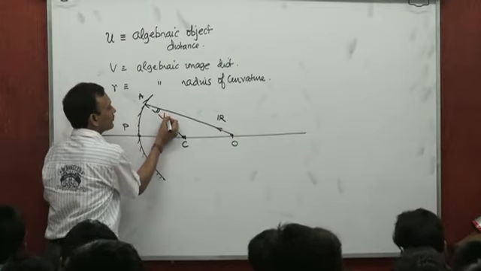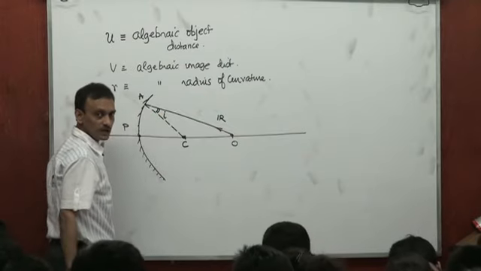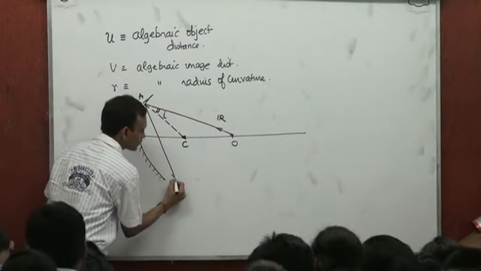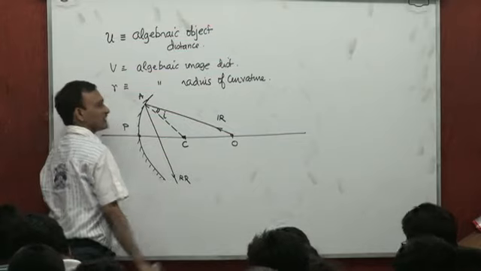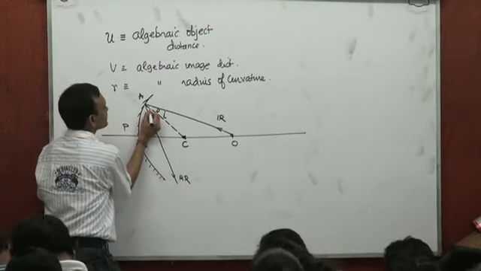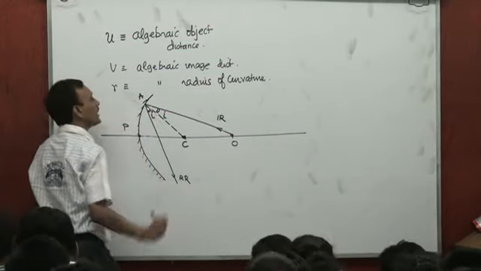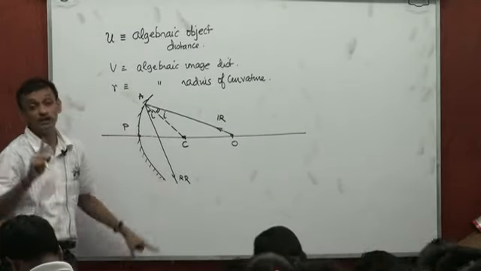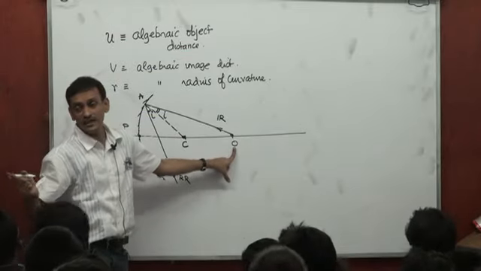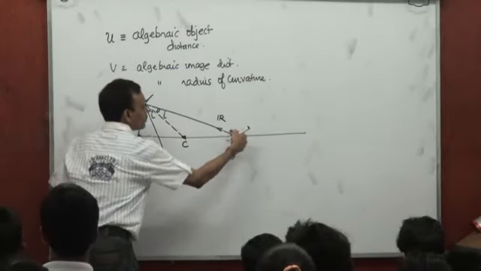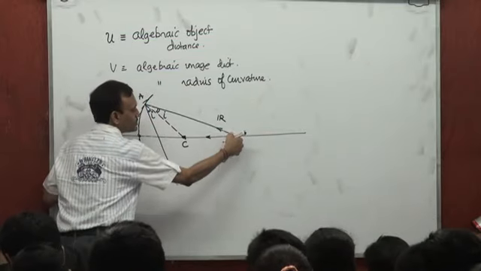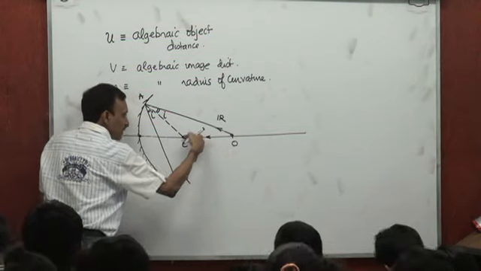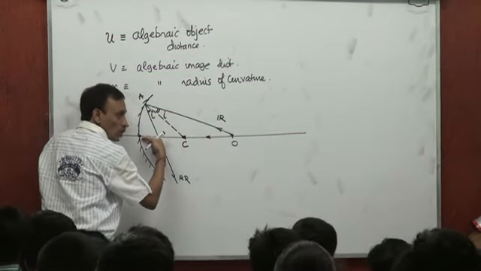This then would be the angle of incidence I. And this is a certain reflected ray. So this becomes the angle of reflection, which is also I. Now, this is one reflected ray. I need one more reflected ray to get the image of O. So the other convenient ray that you can imagine is one going like this, hitting P. This incident ray, when it passes through C, is incident normally on the mirror.